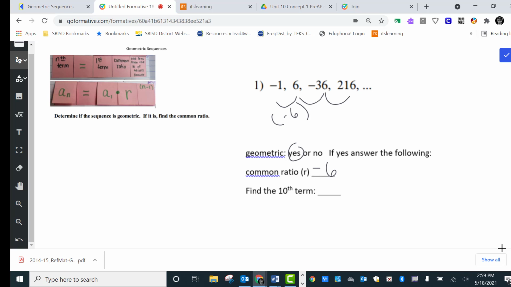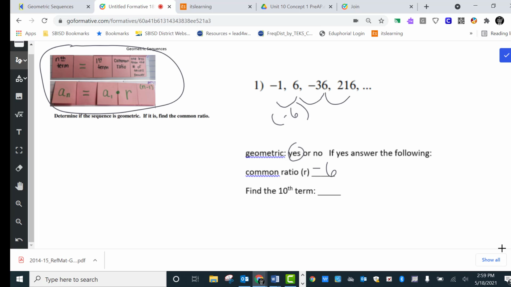Now, it says to find the 10th term. I can do that without multiplying every single term by -6 until I get to the 10th term, and we're going to use this formula over here.